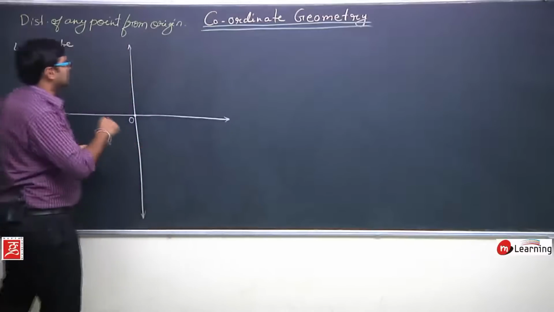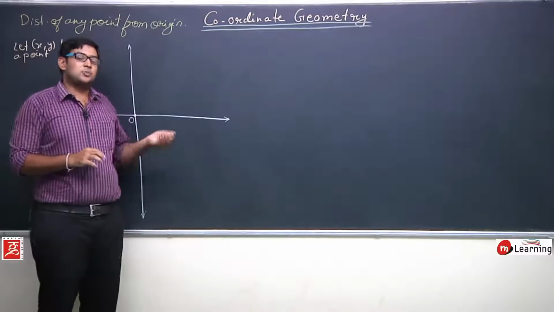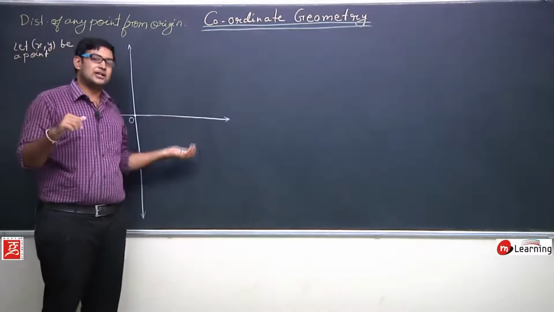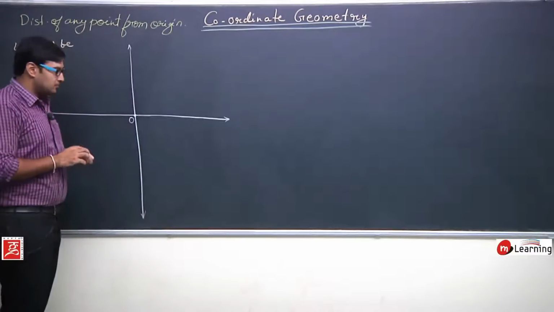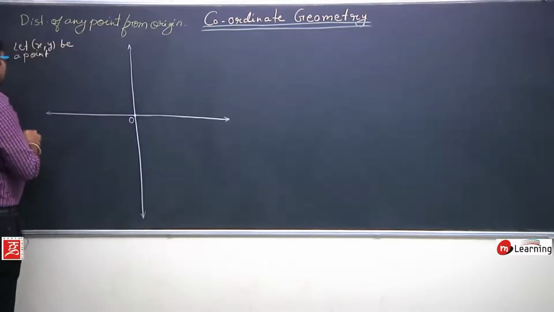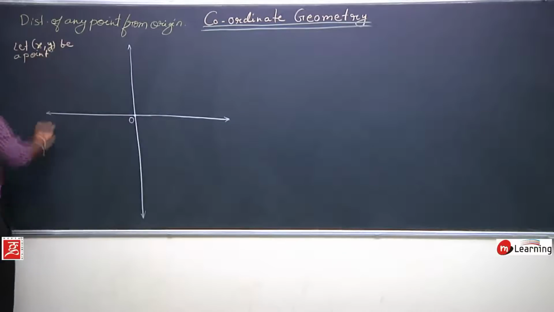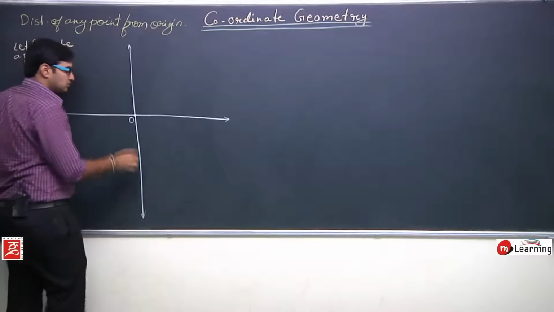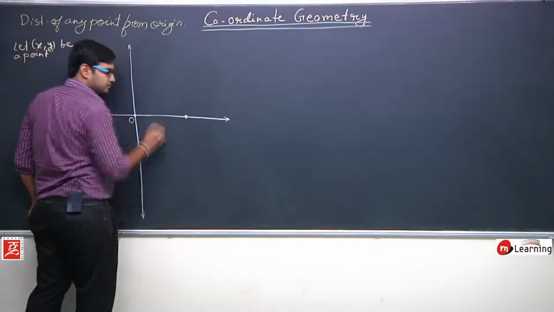It says that x coordinate is x and y coordinate is y. So let us plot this point, let us locate this point on this graph. Okay, this coordinate plane. It is given that x is equal to this x and y is equal to this y. So let us assume that ये x point कहीं यहाँ पर lie करता है.